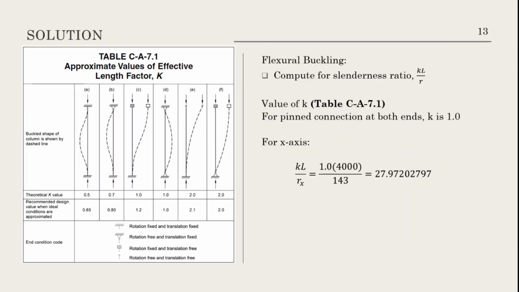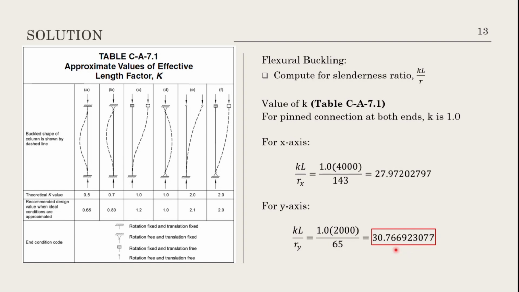So this is 1.0 times 4,000 divided by 143. And for the slenderness ratio with respect to y, that is 1.0 times 2,000 divided by 65. As you can see, the governing slenderness ratio is 30.766923077. Okay?